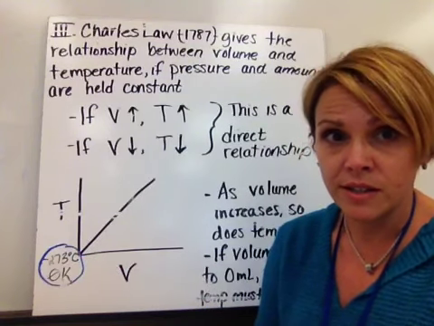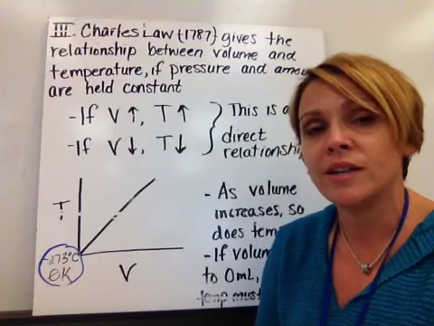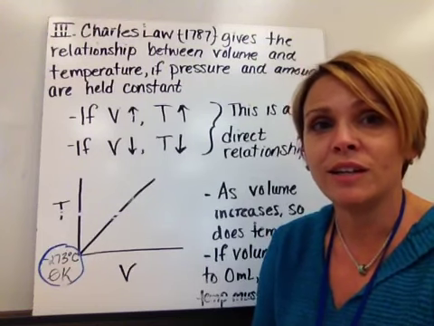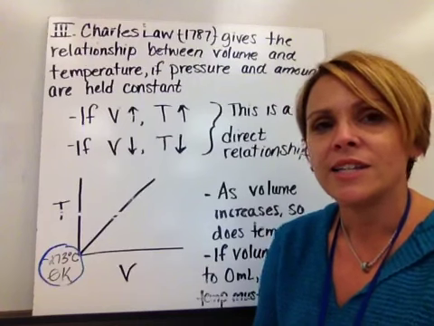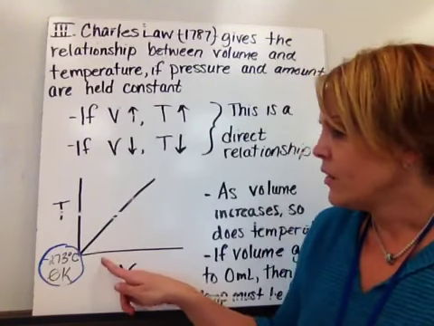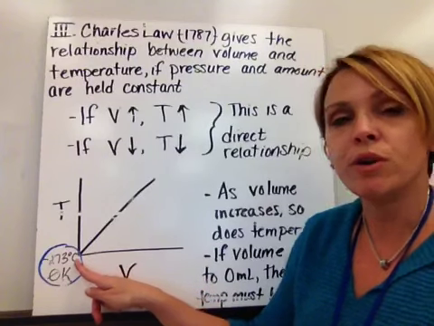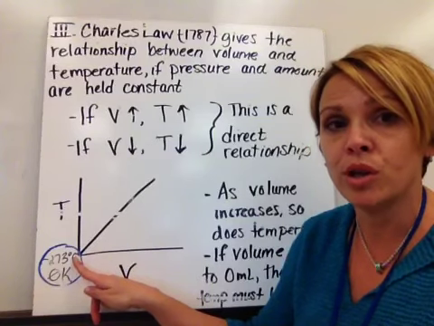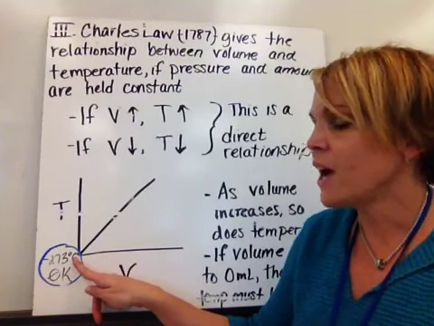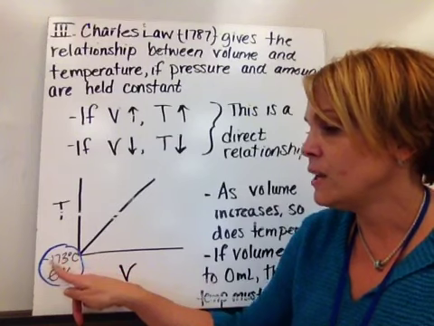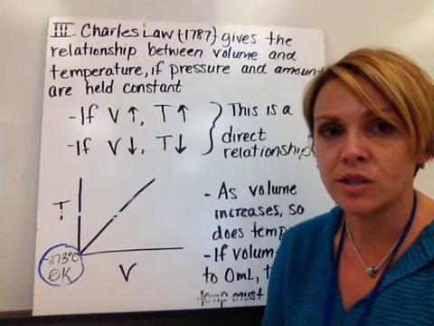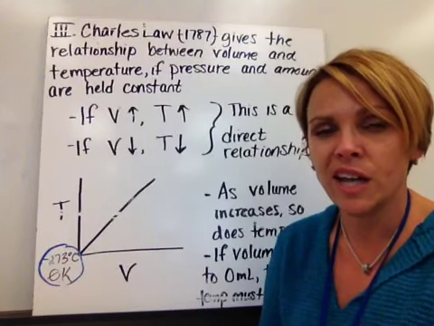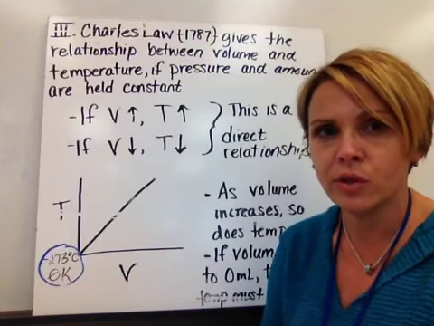One thing I want to point out here is that there have been lots of scientists that have worked with this law, and there was another scientist by the name of Lord Kelvin, and he hypothesized that if this is true, then if you got all the way to 0 volume, meaning no space, then you'd also have to get to the absolute lowest temperature. And he calculated that to be negative 273 degrees Celsius. However, using negative 273 in calculations is a little bit difficult.